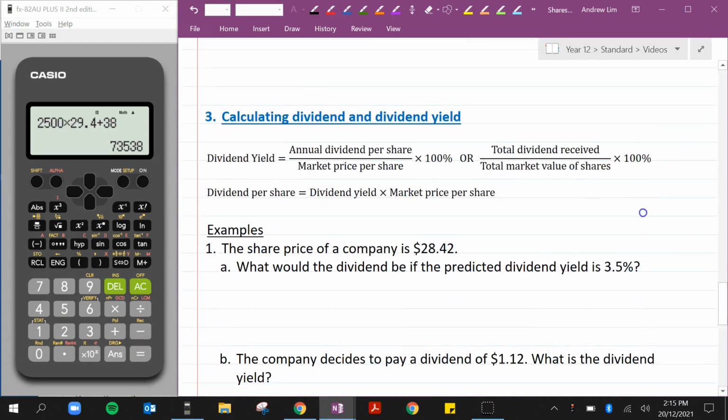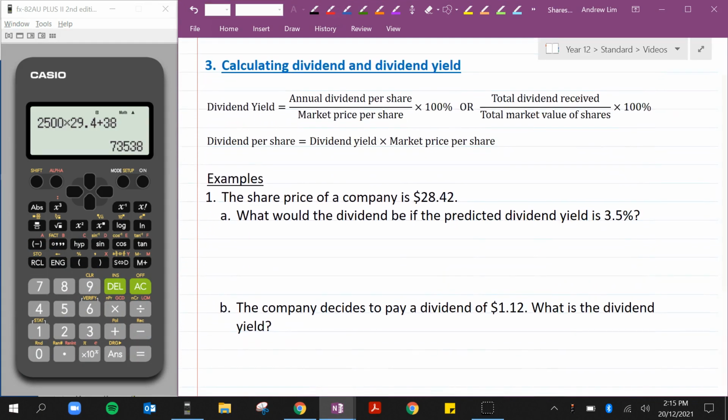All right. Let's move on to the last part of this lesson, which is calculating dividend and dividend yield. Now, there are two formulas for dividend yield. It really depends on the context of the question. So I put them both in here. The dividend yield is the annual dividend per share divided by the market price per share times 100%.